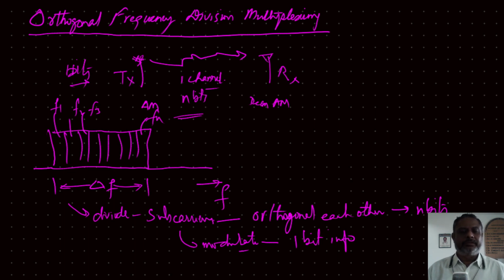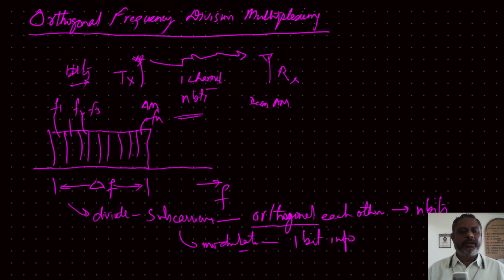The only condition required is they should not interfere with each other. Whatever information this one is carrying should not be disturbed by the others. That is possible only when these signals are orthogonal. That means one carrier has no effect over another carrier.